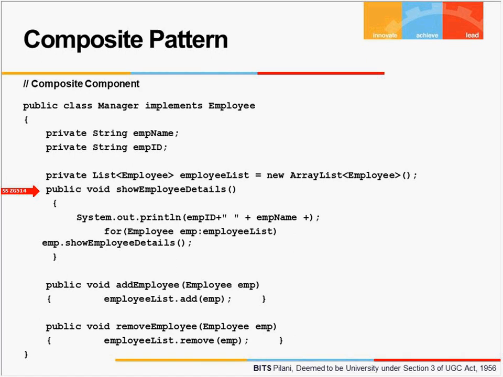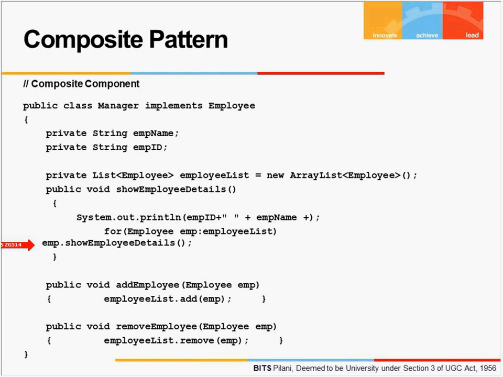First it prints out the same implementation as the atomic object class was doing, and then it loops over all the objects that it is composed of and invokes the show employee details method for those objects which are a part of, or inside, this particular composite component, right?